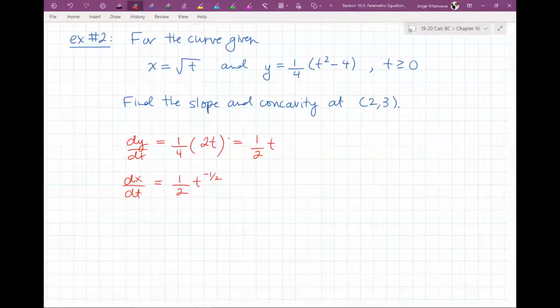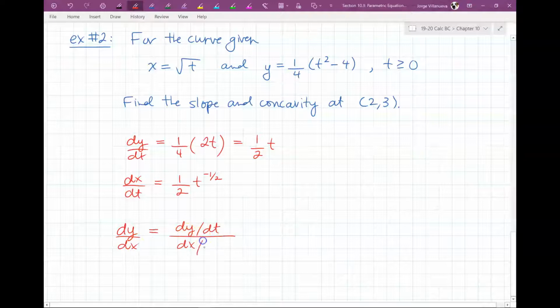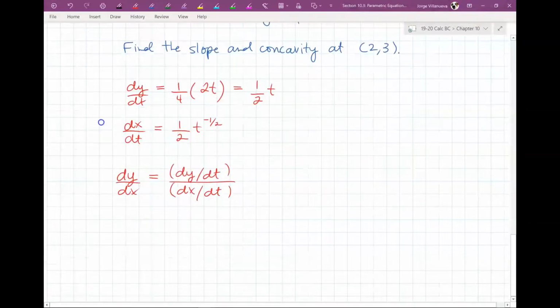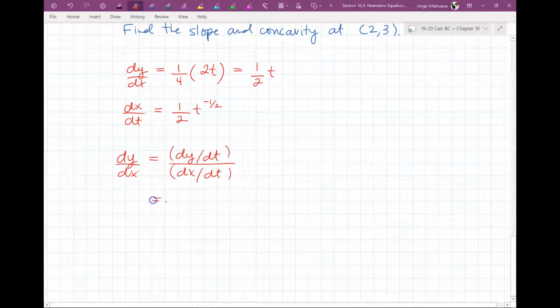Okay, so my first derivative is if I just divide those, right? So dy/dx is dy/dt divided by dx/dt. Now dy/dt is 1/2 t, and dx/dt is 1/2 t to the negative half.